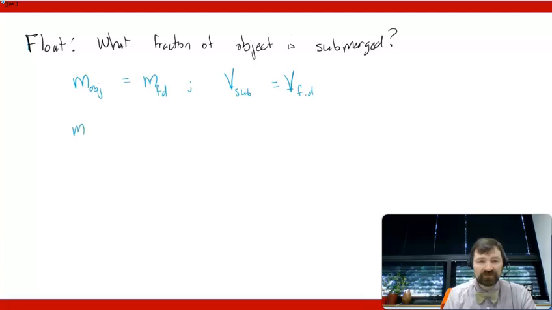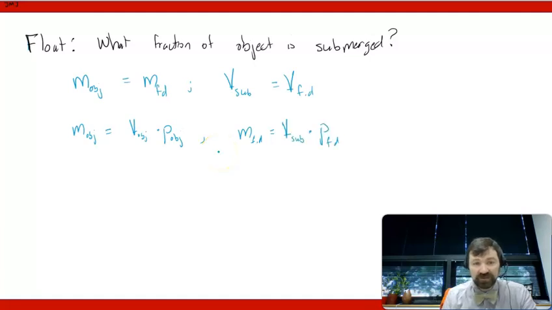Alright, well, mass of object must be equal to volume of object times density of object, and mass of fluid displaced is equal to the submerged volume times the fluid density. Set the two sides equal.